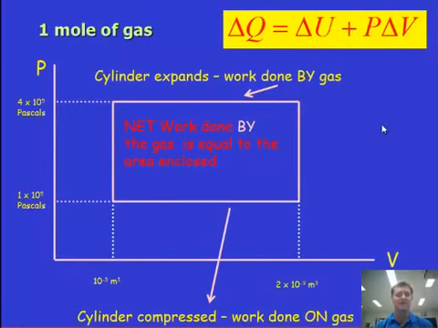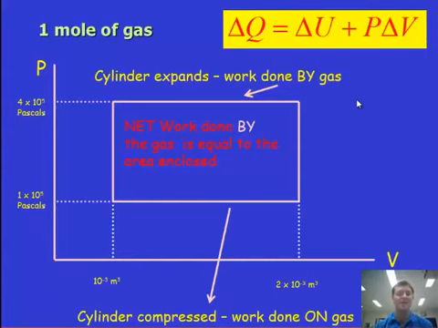Now, the thing to recognize here is if we're compressing, the work done on the gas will be the area underneath the curve, and when the cylinder expands, we've got the work done by the gas. That means that the net work done by the gas is equal to the area enclosed.